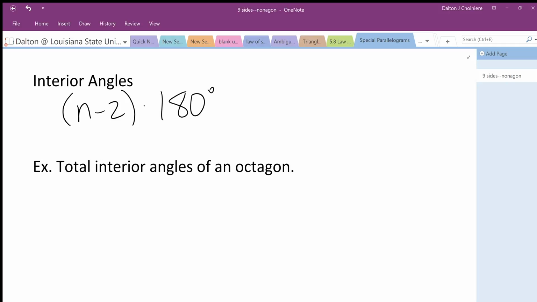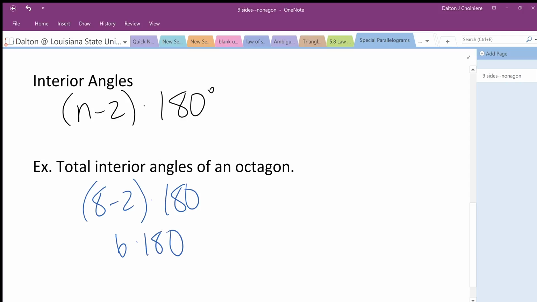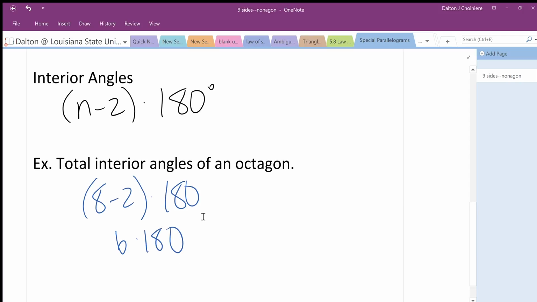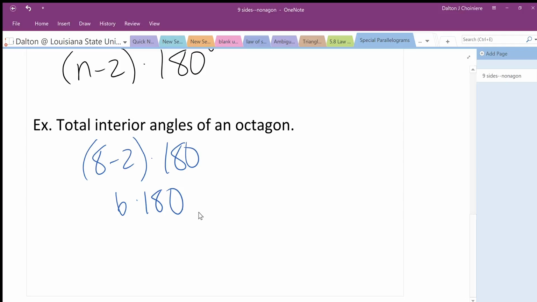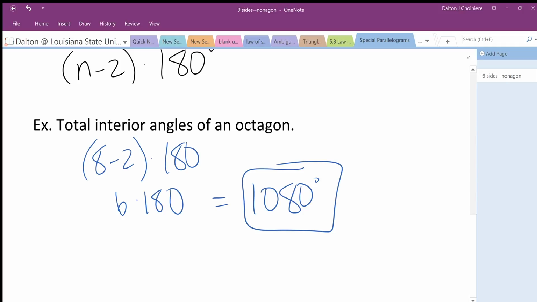How would I find that out? Very good. So 8 minus 2 is 6, and then what is 6 times 180? 1080. So 1080 degrees are the 8 angles of an octagon.